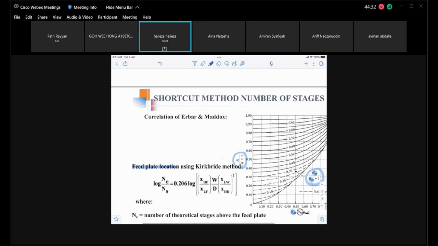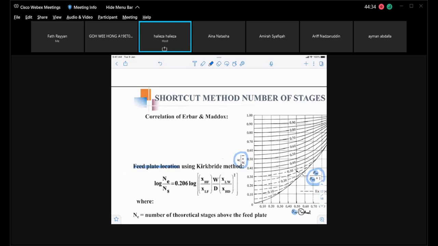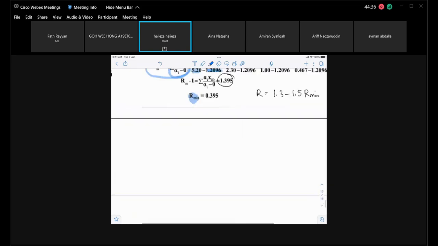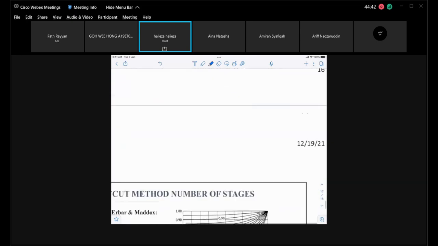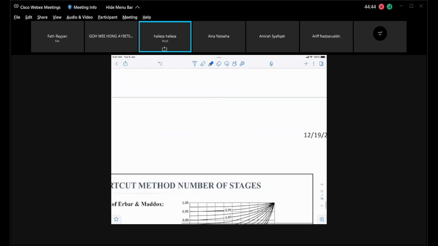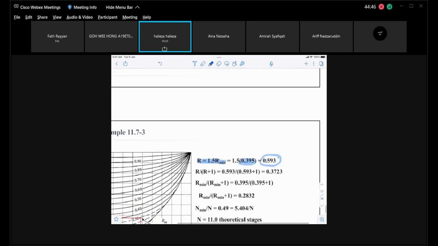So let's do the calculation. Your R min, we got that value. And your actual R is 1.5 times that, we already got that value over here. So you calculate your R over R plus 1, you get that value. You calculate R min over R min plus 1, you will get that value.